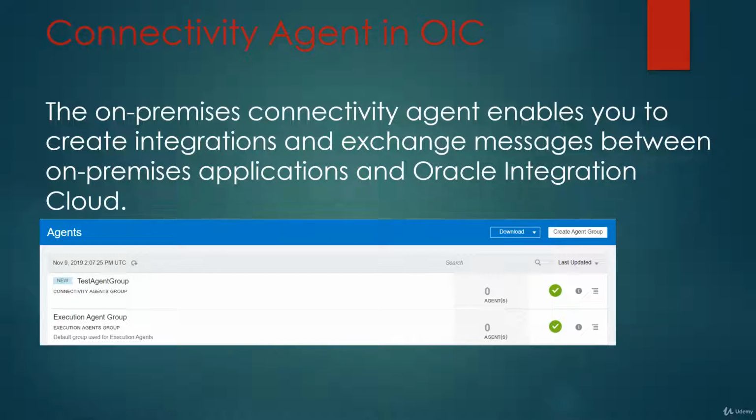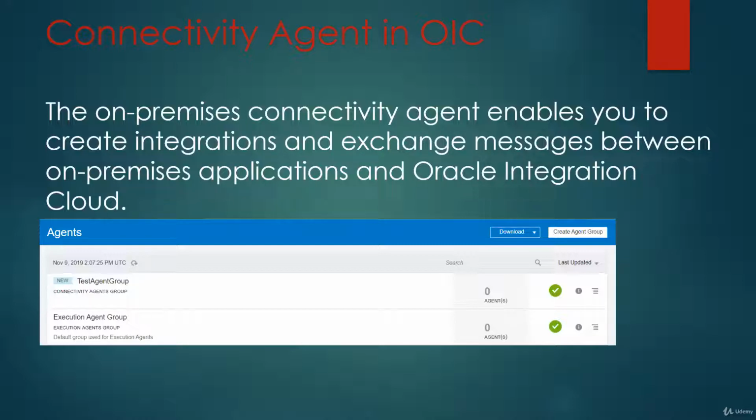It is a middleware platform which allows connectivity between cloud applications as well as on-premise applications. No application on the cloud can identify your on-premise networks directly. In order to identify the on-premise network from the cloud application, you have to bring something into the picture. It might be a VPN, it might be a proxy.